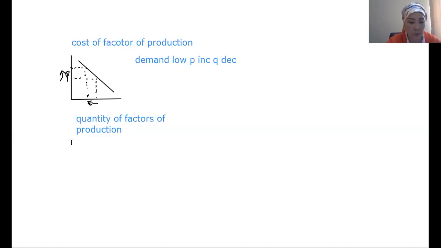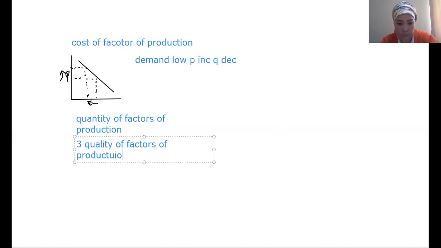The third determinant is the quality of factors of production. And what do you think?